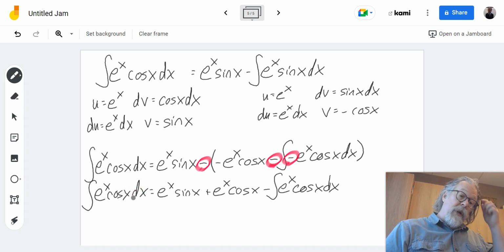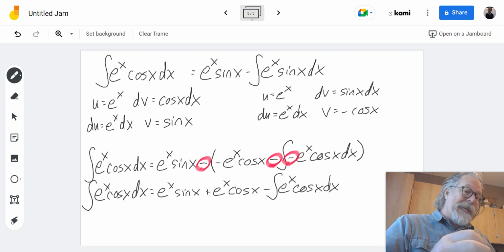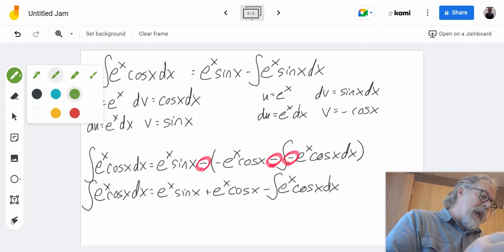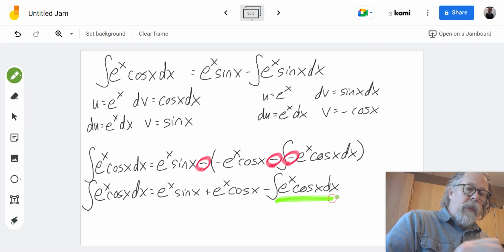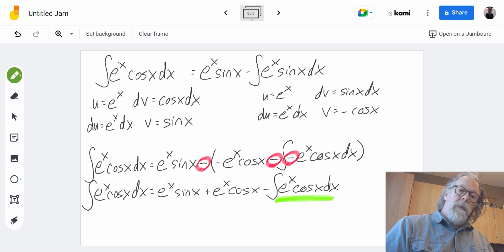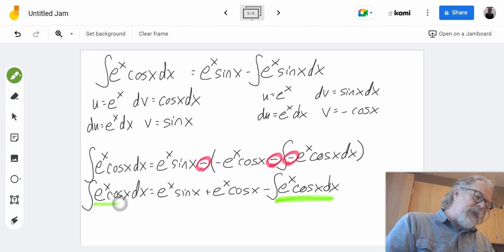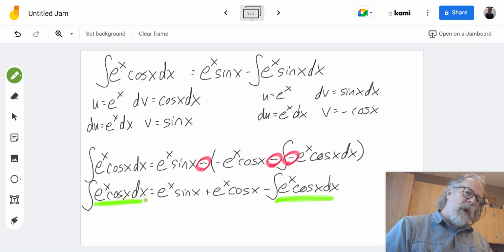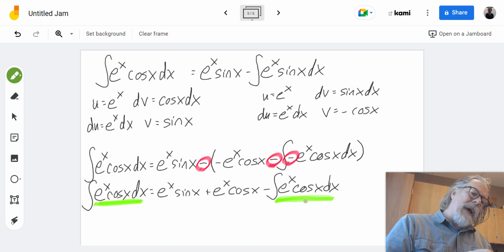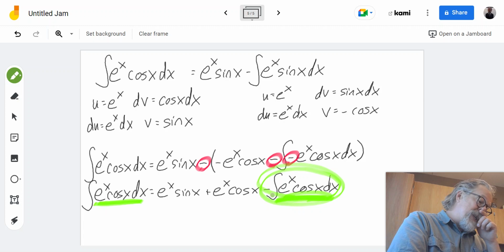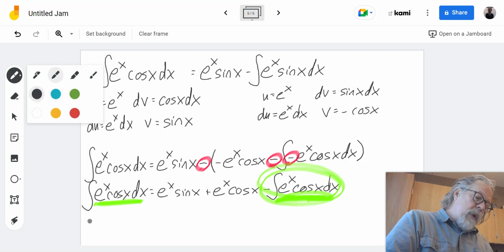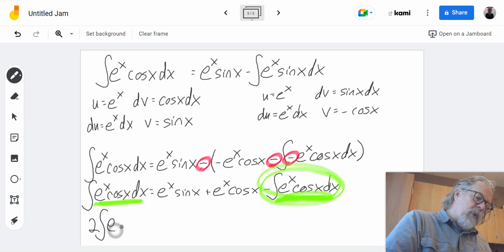Now, you might be saying to yourself right now, self, this doesn't help. I still have another integral, but then you might notice that it's the same as the first one. So if I add this to both sides, I get that twice the original integral is equal to e to the x.